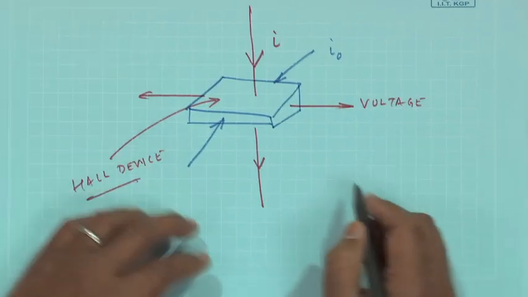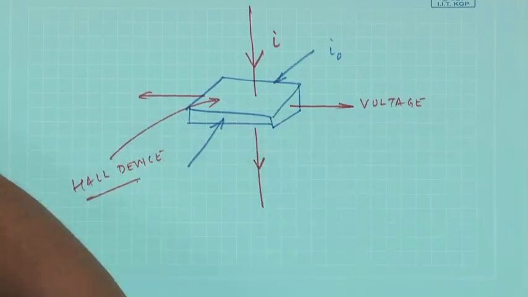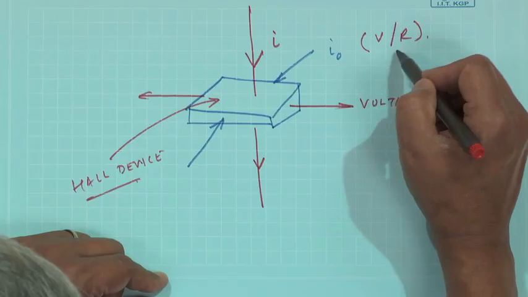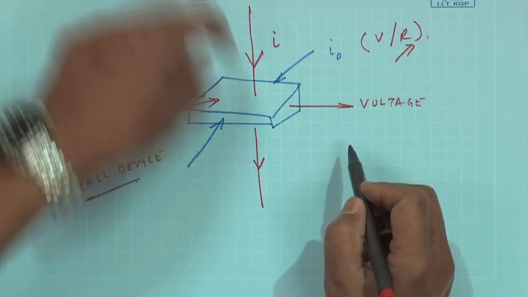Okay. So, this becomes very popular in the sense the Hall device is somewhere kept here, and all we need to do is put a current carrying conductor through this Hall device, and then we will get a voltage. So, we need to give a current. So, basically we need to have a voltage source across a resistance where I can vary the resistance so that I can nullify it.